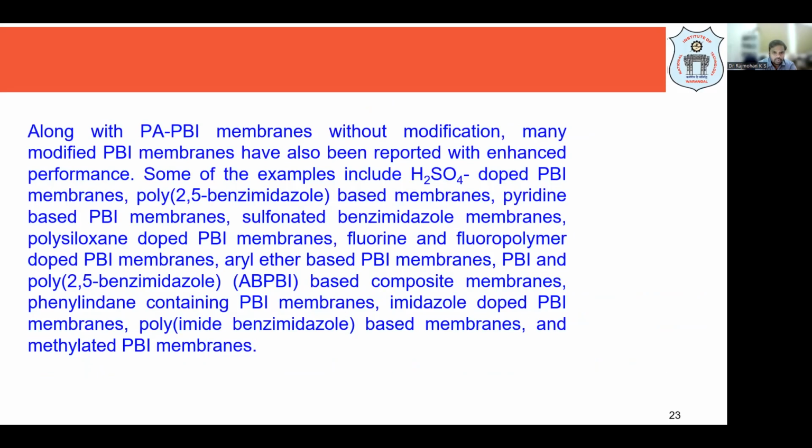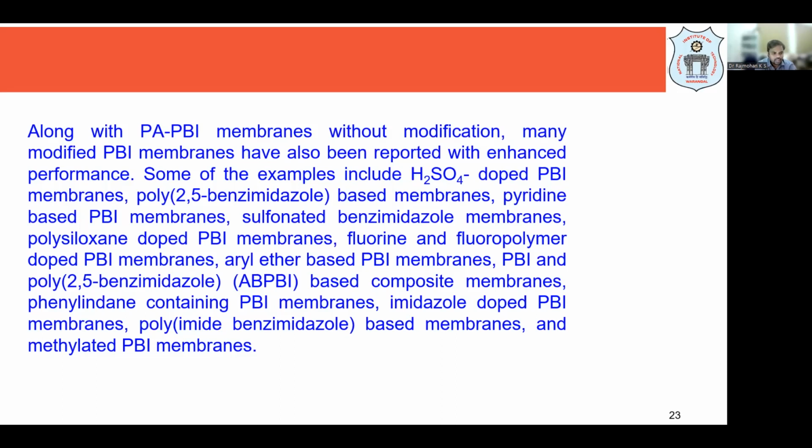Besides the unmodified PBI membrane, many modified PBI membranes have been reported in the literature with enhanced performance. Some of them are sulfuric acid doped PBI membranes, poly-2,5-benzimidazole based membranes, pyridine based PBI membranes, sulfonated benzimidazole membranes, polysiloxane doped PBI membranes, fluorine and fluoropolymer doped PBI membranes, aryl ether based PBI membranes, and PBI and poly-2,5-benzimidazole (ABPBI) based composite membranes.